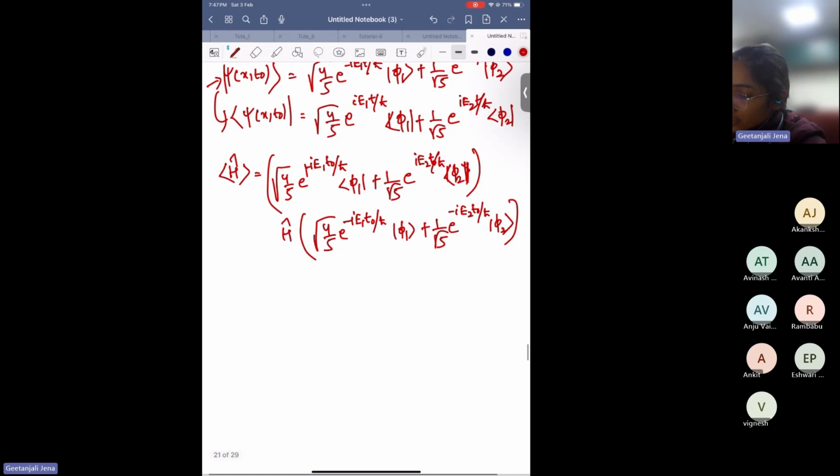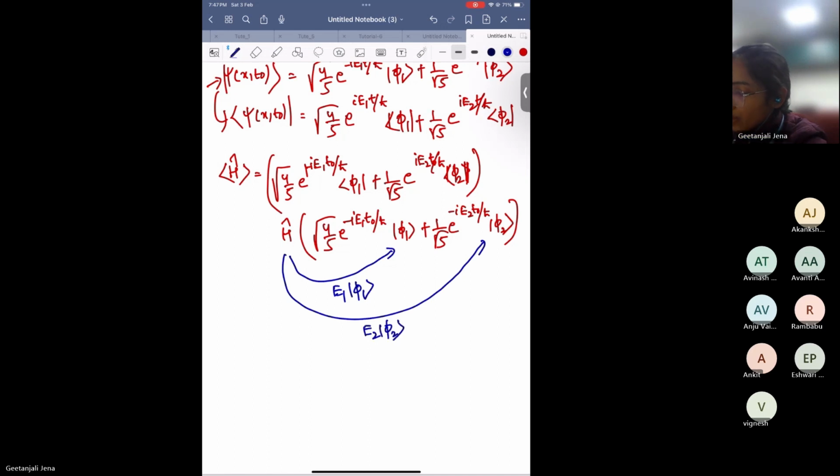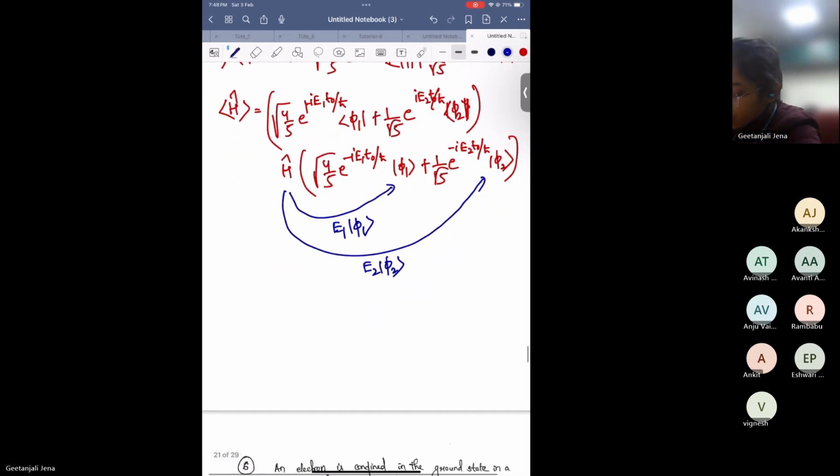Now, as I said, the H operator, when it acts on this state, will give E1 phi 1, and when it acts on this state, it will give E2 phi 2. So just write it down. What is the expression you are getting? E1 t0 by h cut phi 1 plus 1 by root over 5 E2 t0 by h cut phi 2.